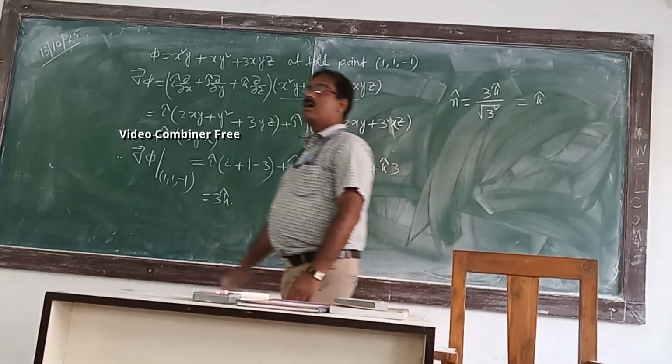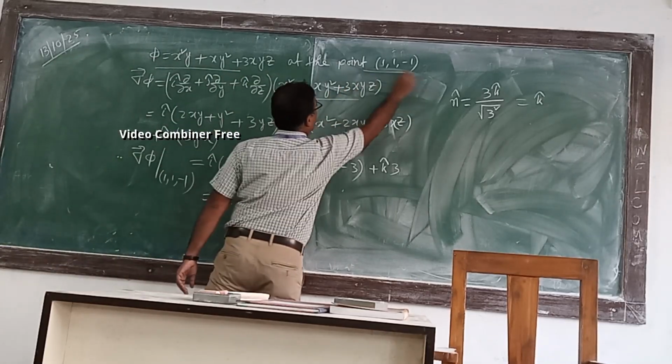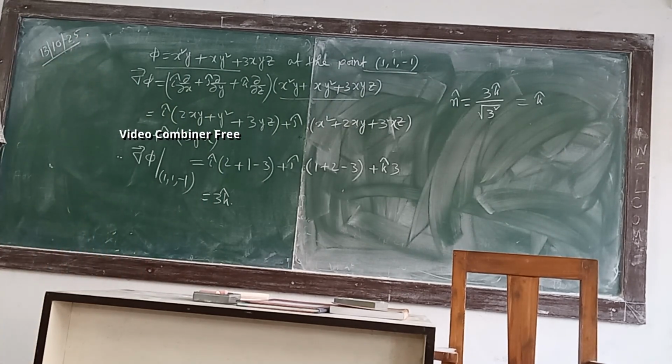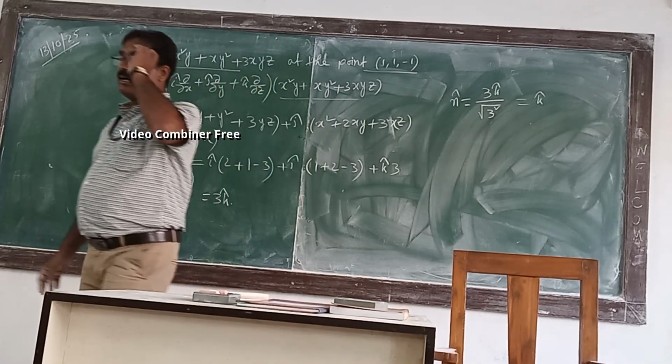This is the unit vector normal to the surface phi at the point 1, 1, minus 1. So if you want to find the normal of a surface, that is of a scalar quantity, you have to find the gradient of that scalar quantity. In the next class we start divergence.